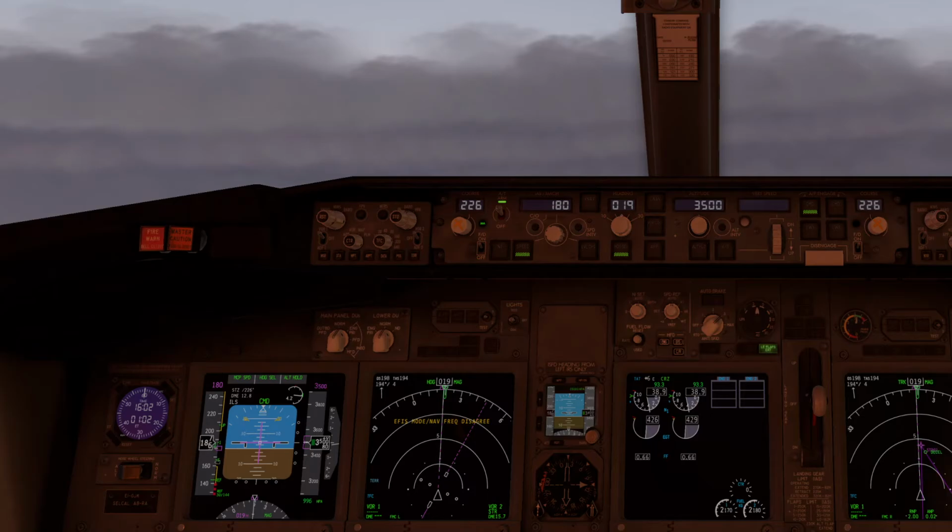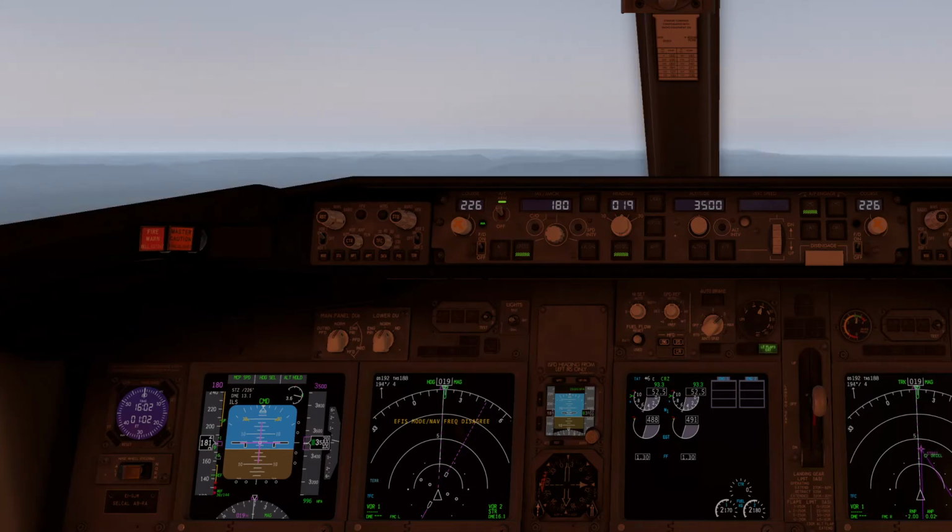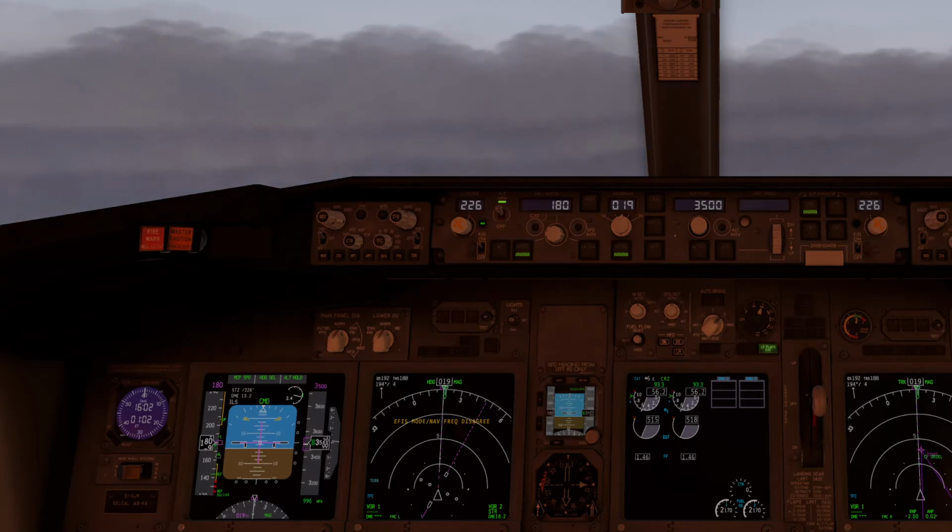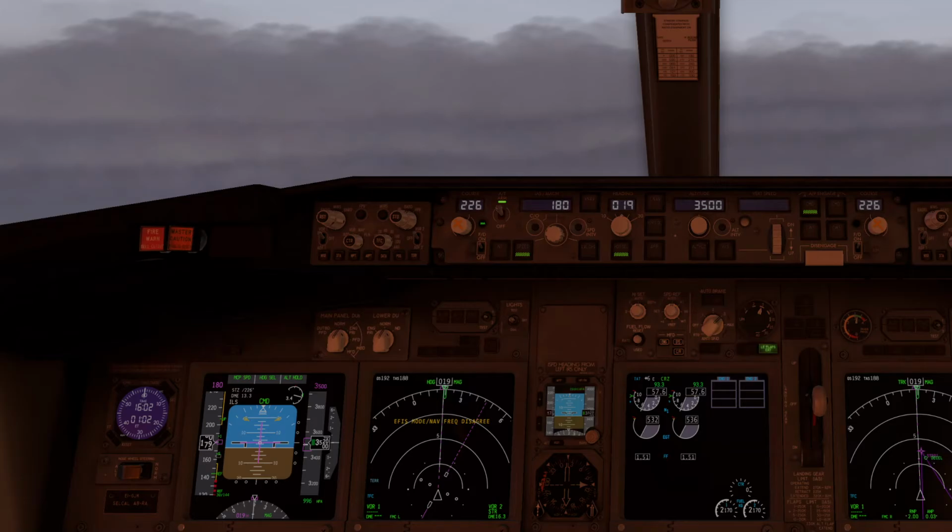And flaps 5. Maintaining 180 knots, 3,500 feet. Strasbourg. So auto throttle can come off. Thrust at 57%.